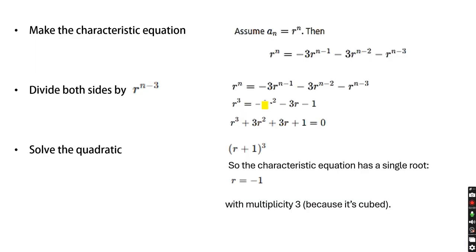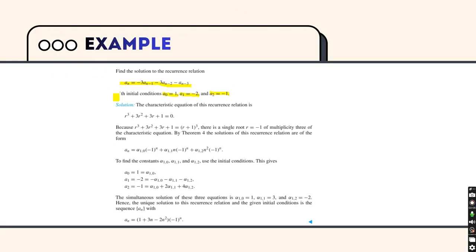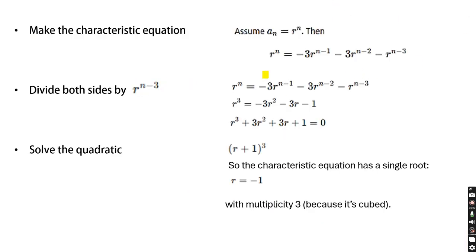So again, ang first gid nato nabuhaton is we will replace an with rn. So in the equation, pulihan na to siya ng rn. So after pulihan, we have derived into this equation, which is rn is equals to -3rn minus 1 minus 3rn minus 2 minus rn minus 3.